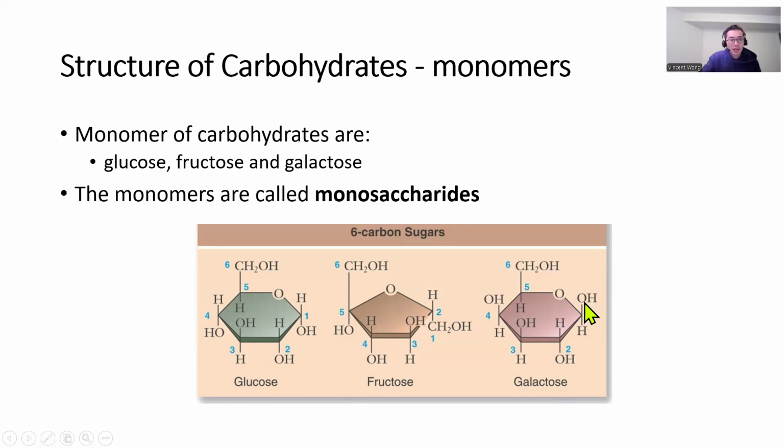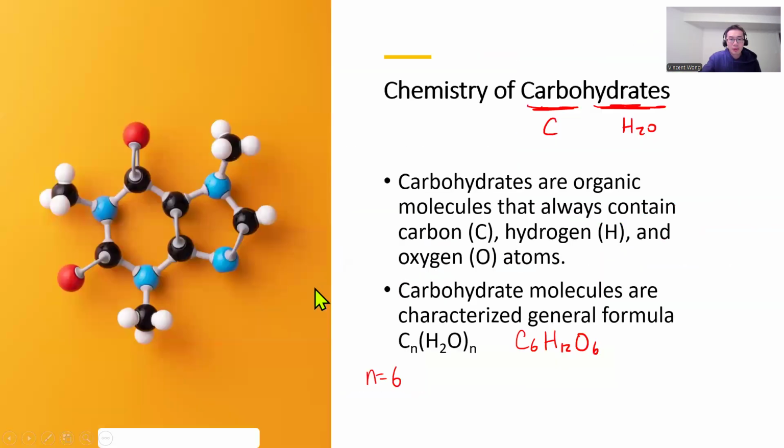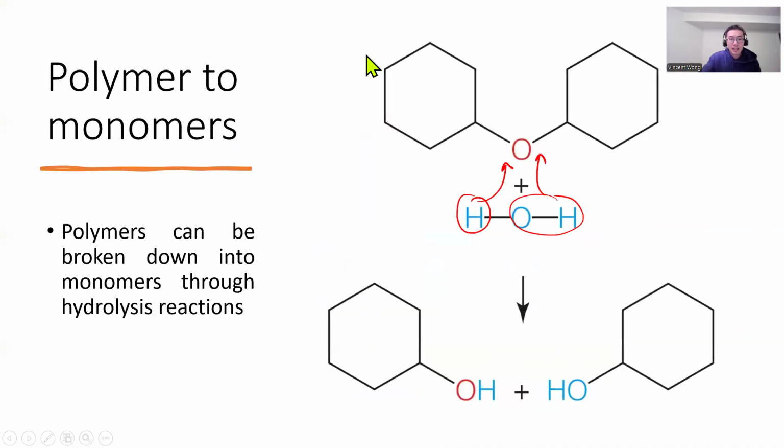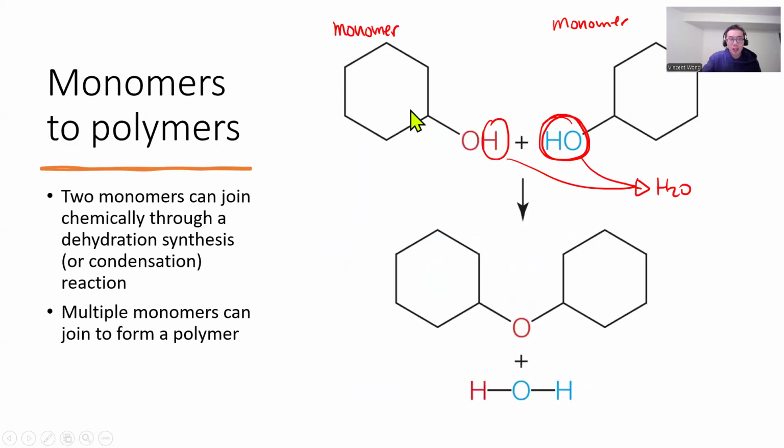No one's going to ask you to draw them. I'm not going to ask you to identify them, but you can see the structure of glucose is basically a hexagon shape. This was basically a glucose molecule. And then we have another glucose molecule, and we want to join them together to create something bigger.